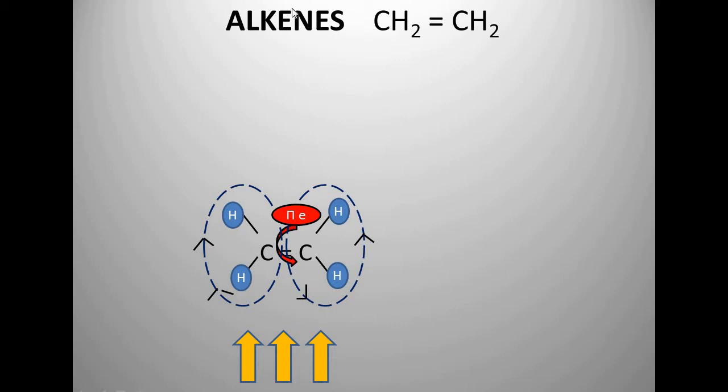Okay, so for the prediction of anisotropic effect, we will assume this C=C double bond or CH2=CH2 molecule in one plane. So for better visualization, we can say this is your mobile which is parallel to your floor. Okay, so simply hold your mobile in a parallel position with your floor.